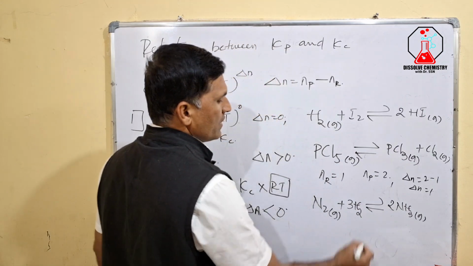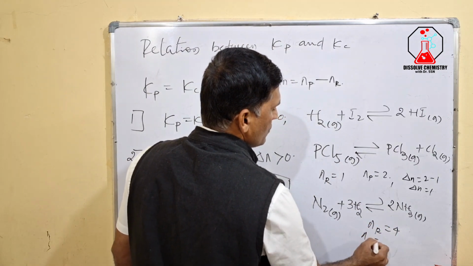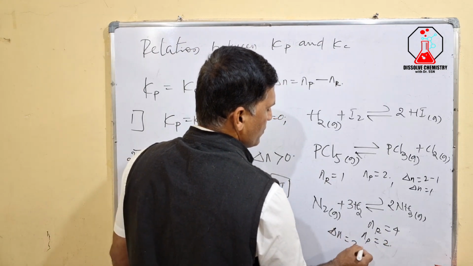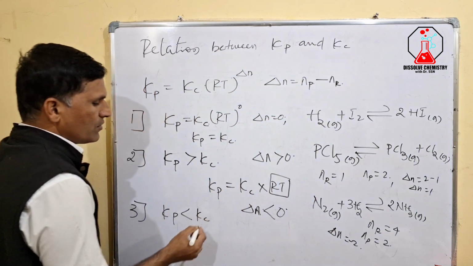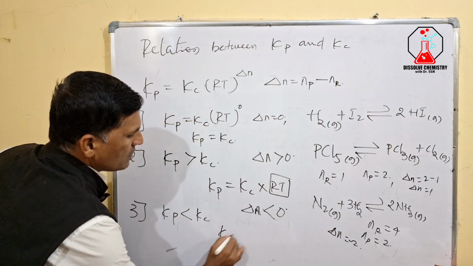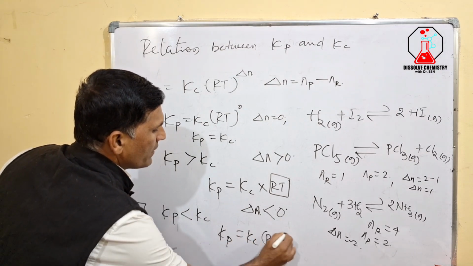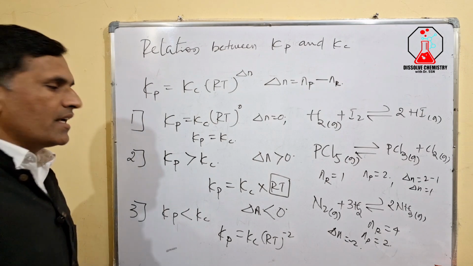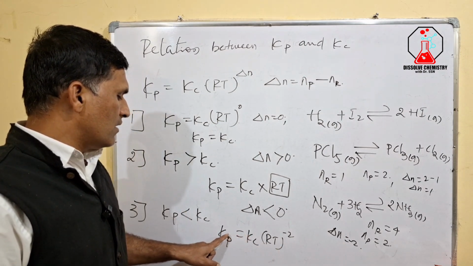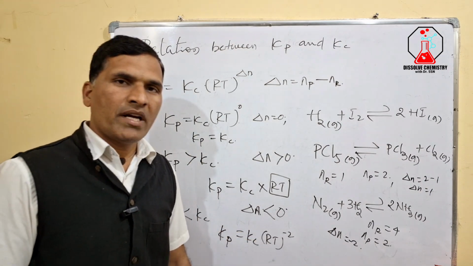Here Nr is equal to 4 and Np is equal to 2, so delta N is equal to minus 2. If I substitute the delta N value in the equation, Kp is equal to Kc into RT raised to the power minus 2. So what does it indicate? Your Kp will be less than Kc with the term RT raised to the power minus 2.